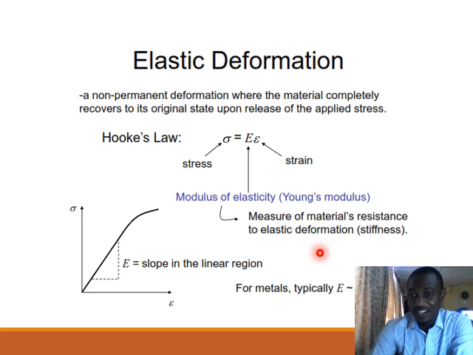So it's stiffer than the polymeric material, and it will have a higher elastic modulus. So the first property that is associated with elastic deformation is modulus of elasticity, and it is defined by stress is equal to elastic modulus multiplied by strain.